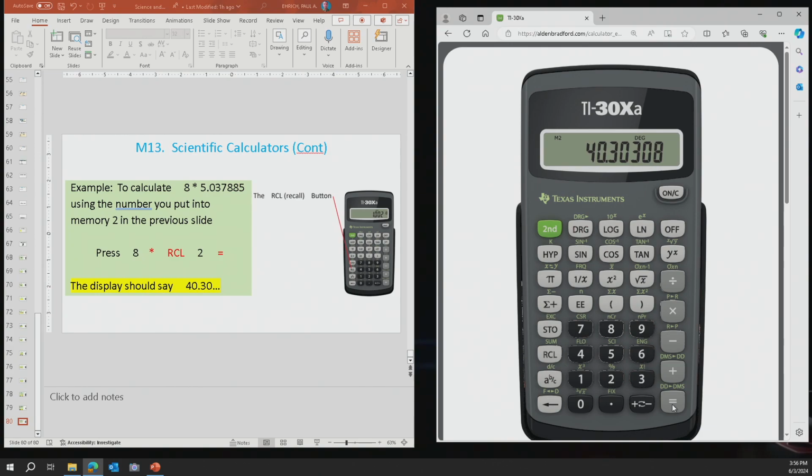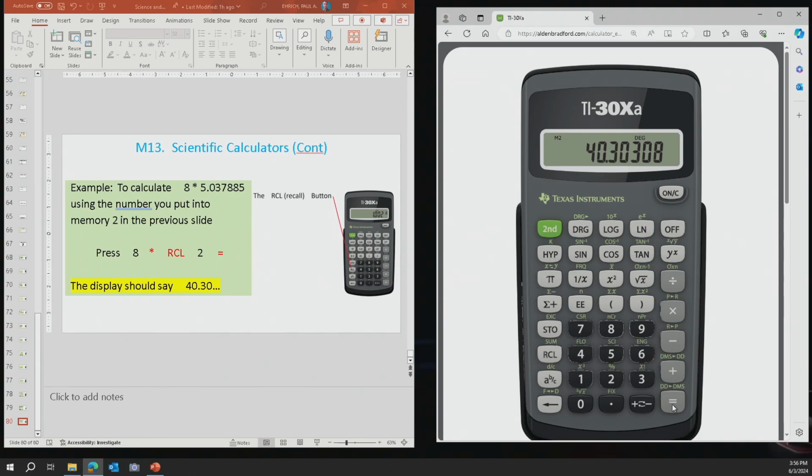Let's say that you need to multiply this by 3.7, and you need to multiply that by 2.5, and you need to multiply that by 1, and you need to multiply that by 7.8. Well, that's a lot of typing. You would have to type that in, times 8 equals, write that number down, type in this number times this equals, and then write that number down.